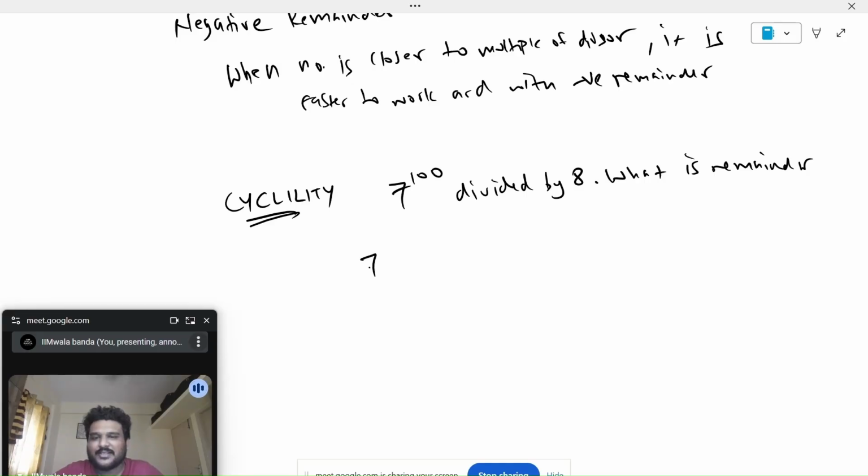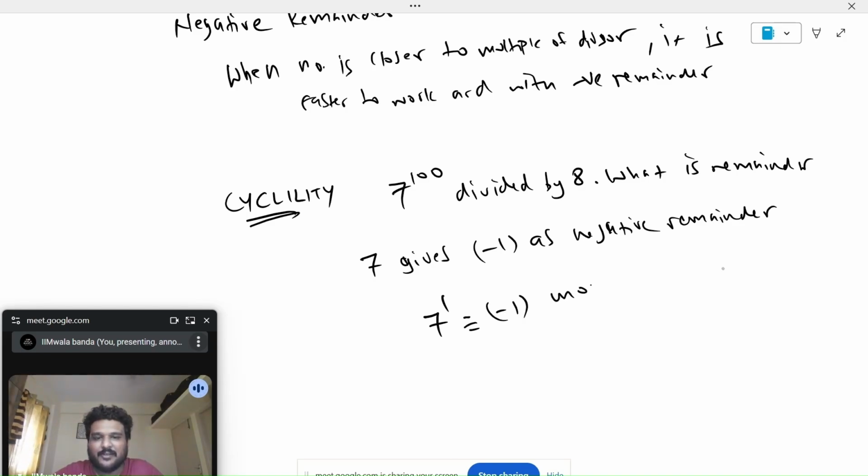I know that 7 gives minus 1 as negative remainder, right? So 7 to the power 1 gives minus 1 as remainder when divided by 8. So 7 to the power 100 will give minus 1 to the power 100 as remainder when divided by 8.